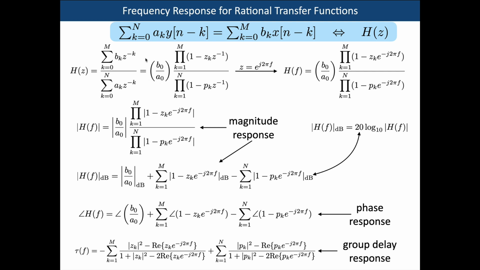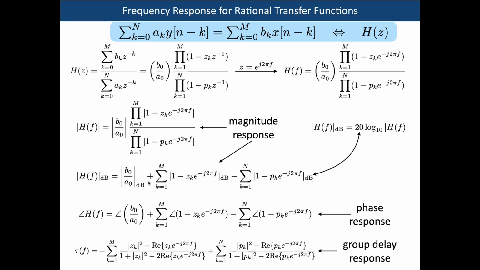Here I'm showing a factorization of the polynomials in the numerator and denominator in terms of the zeros and poles of the system. And then if we evaluate this on the unit circle, we get the frequency response. Now, if we want to look at the magnitude and the phase response, we can just take the magnitude of both sides here to get the magnitude, which we can express either in linear form or in dB.